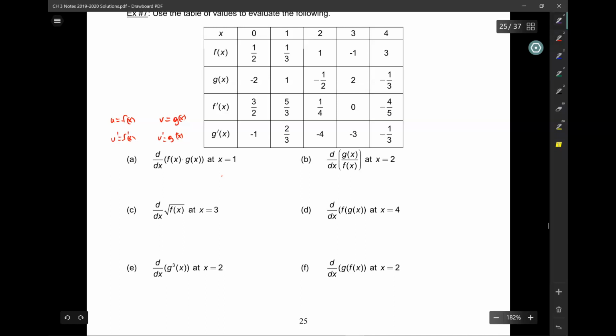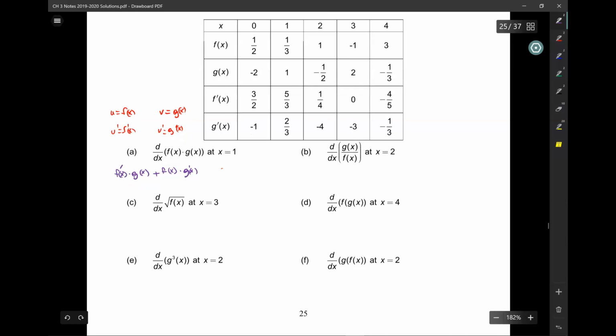So basically, by definition, d dx, this is f prime of x times g prime of x plus, no, I'm sorry, I rushed. F prime of x times g of x plus f of x times g prime of x.